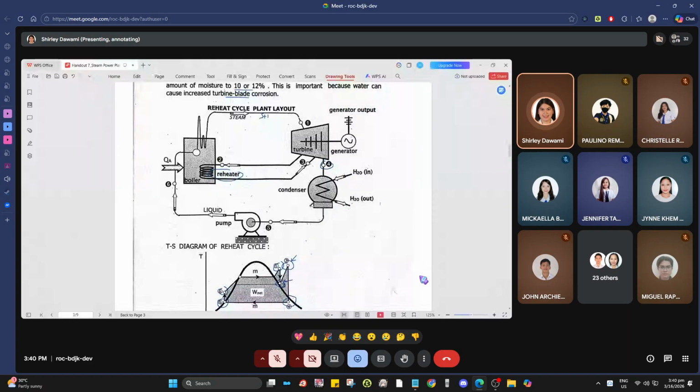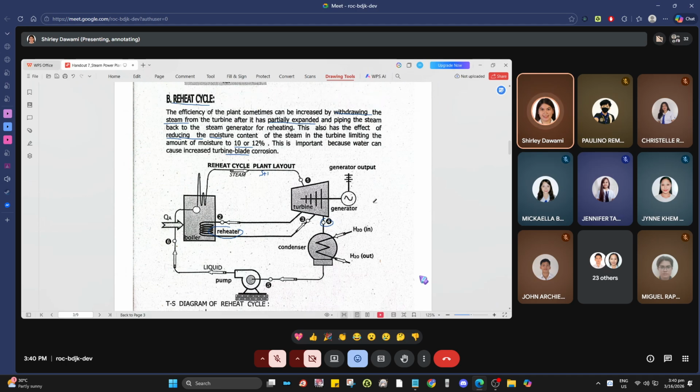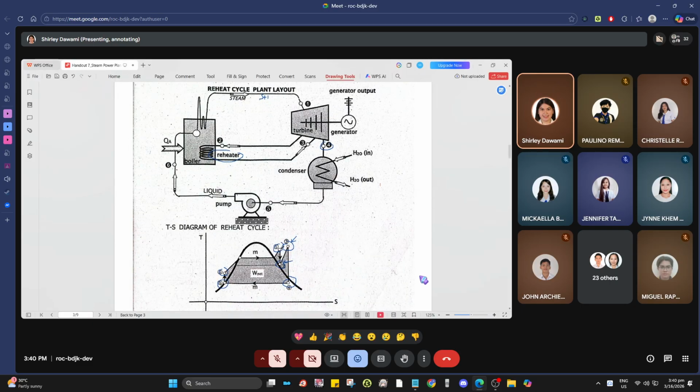Okay, because of the reheating process, it avoids excessive moisture formation that can cause blade corrosion. Aside from increasing its efficiency, since from point 1, after superheating at point 3 its enthalpy is higher, obviously its efficiency increases, right?